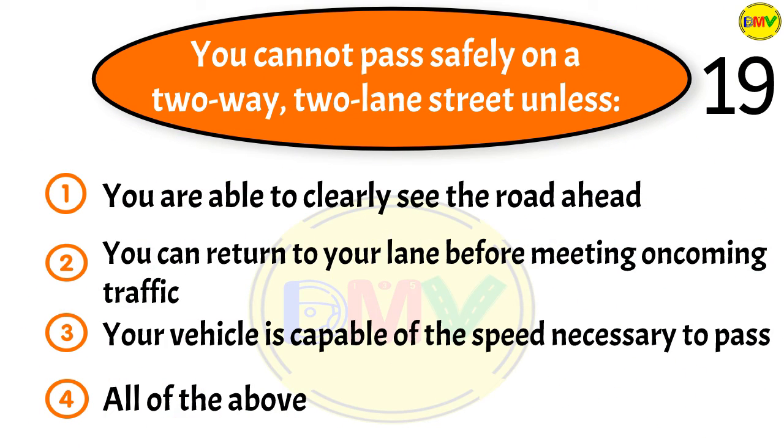Question 19. You cannot pass safely on a two-lane street unless 1. You are able to clearly see the road ahead. 2. You can return to your lane before meeting oncoming traffic. 3. Your vehicle is capable of the speed necessary to pass. 4. All of the above.